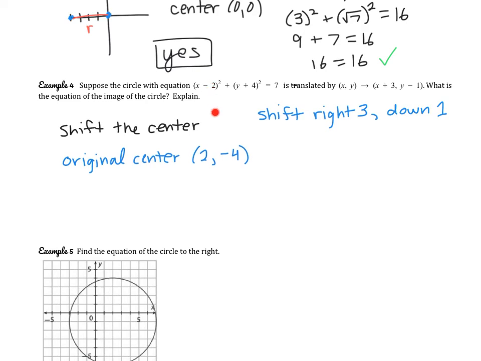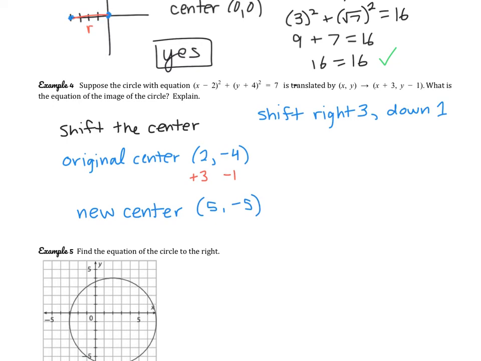Again, if this is a -2, this is a +2. If this is a +4, this is a -4. Now, if we want to shift our center to the right 3, we're going to add 3 to our x value. If we want to shift it down 1, we're going to subtract 1 from our y value. So that gives us a new center at (5, -5).